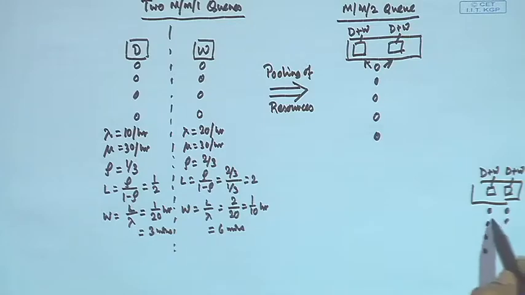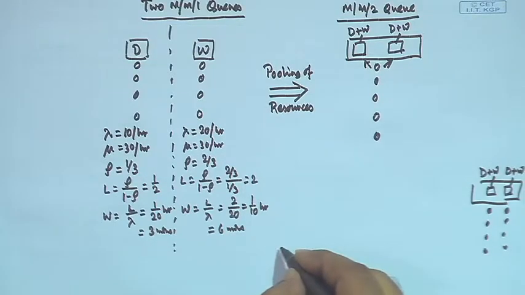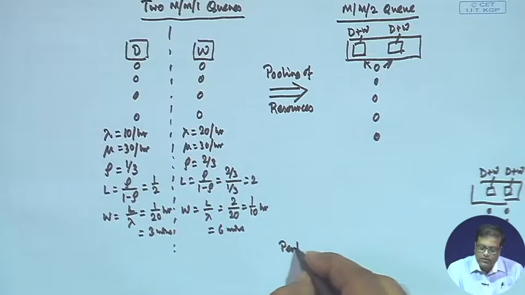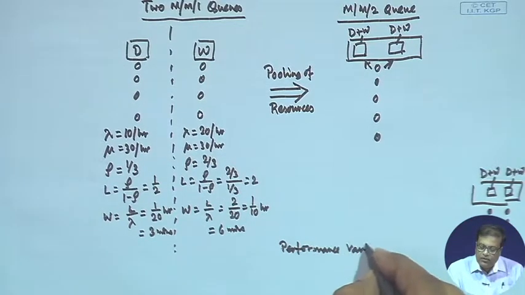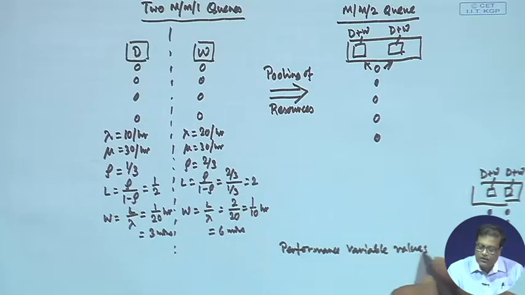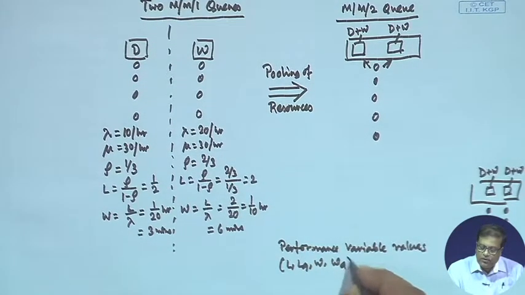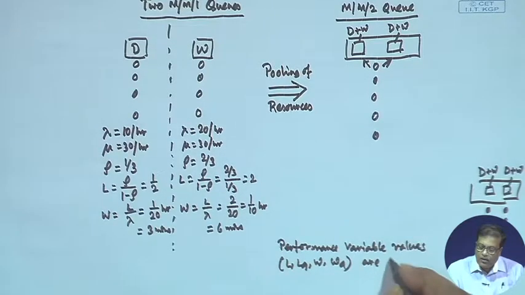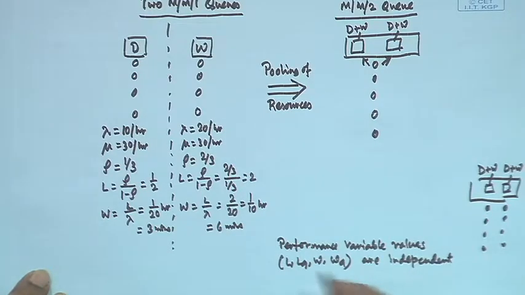So, there is a difference from the customer's point of view, but as you remember, I have already told you that the steady state performance variable values, the L, LQ, W, WQ, are independent of queue discipline.